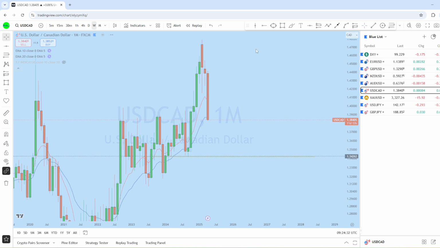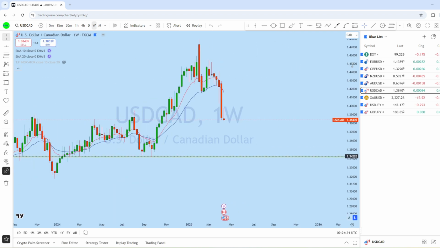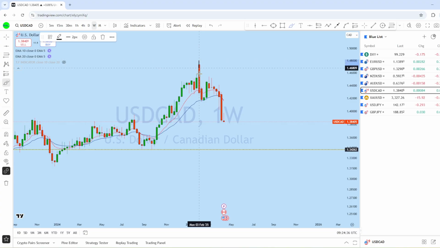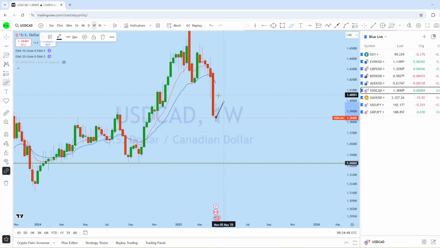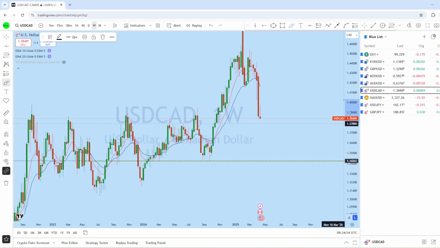Now if we look at the weekly chart here, this is the weekly drop followed by this pullback, and the market is maintaining a series of lower highs. We saw quite a few long weekly doji formations in that area on dollar CAD, so we expect the market to potentially retest and then return again in the major direction of the trend.